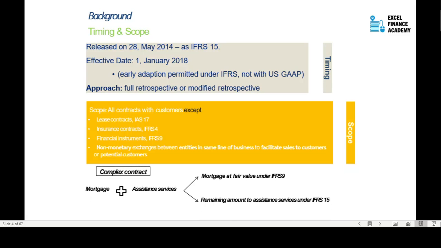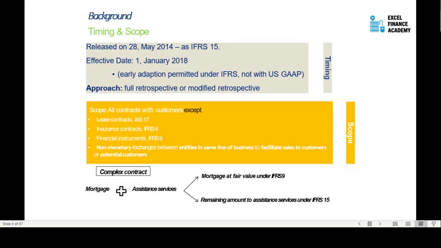So there are certain complex contracts always, especially like in mortgage industries, where the company has mortgaged their vehicles with the financial industry and is also providing services. So in that case, the contract will be split into two parts: one for the mortgage, which will be covered under financial instruments under IFRS 9, and the remaining services, the assistance services, will be covered under IFRS 15.